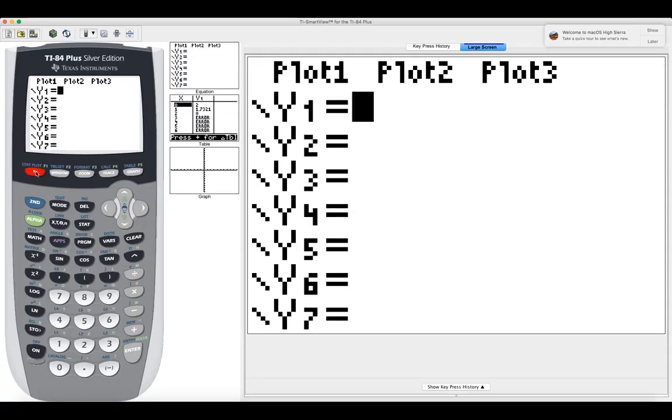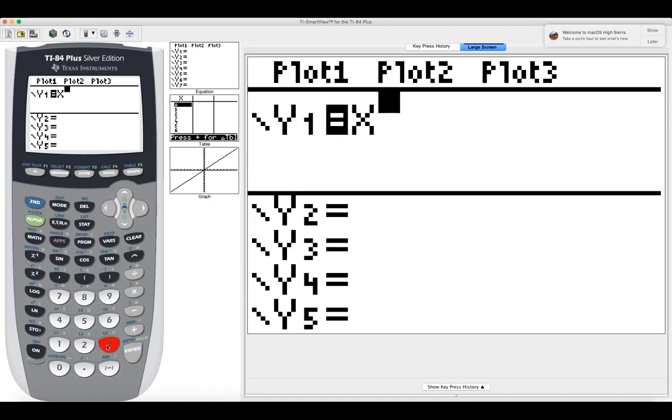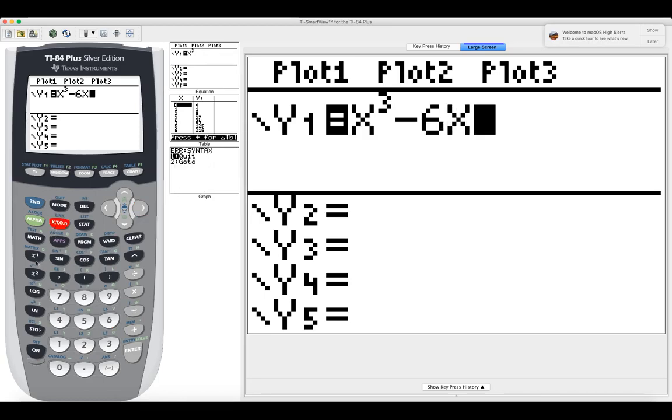So now when I look at my graphing calculator, I'm going to plug in, instead of t, I'll plug in x cubed, and then minus 6t squared, so minus 6x squared, and plus 11t, so plus 11x, and then minus 6.